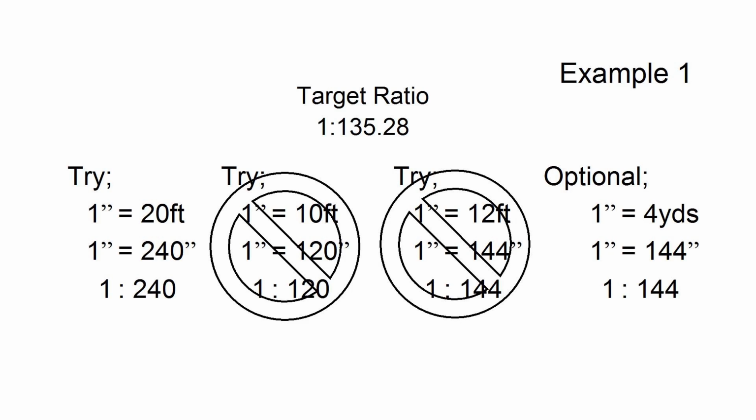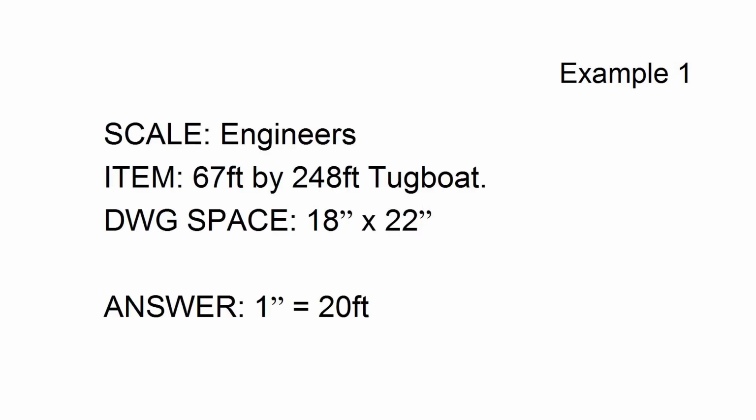So in this example, we have the fact that for an engineer scale to do the appropriate selection, we would use 1 inch equals 20 feet, and that would make it so that someone could draw the tugboat in the available drawing space.